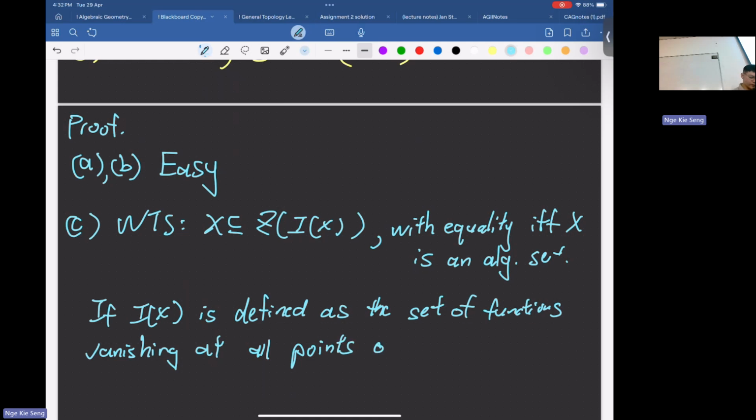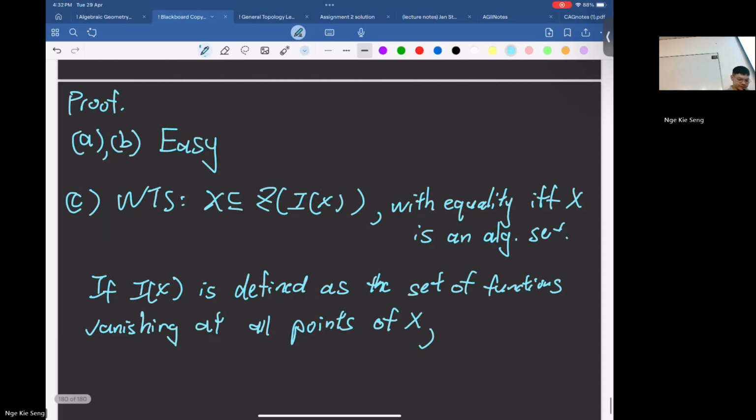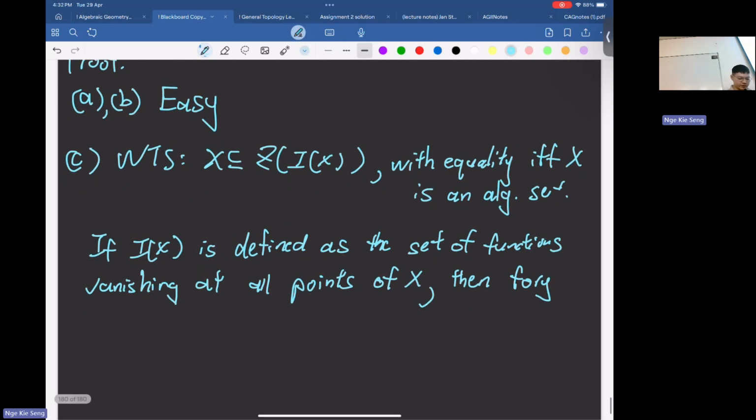You can do a sanity check that this Ix is really an ideal. Try and check that it's really an ideal, based on the property it has, that F(p) equals 0 for all p. So if this is true, then what? I just turn the sentence the other way around.